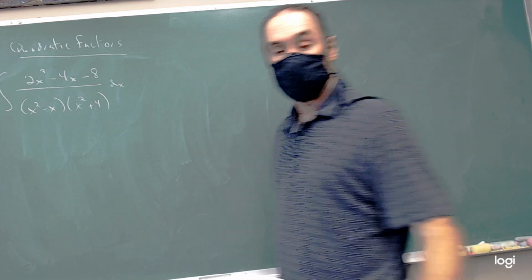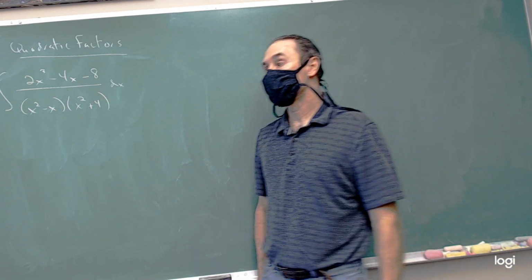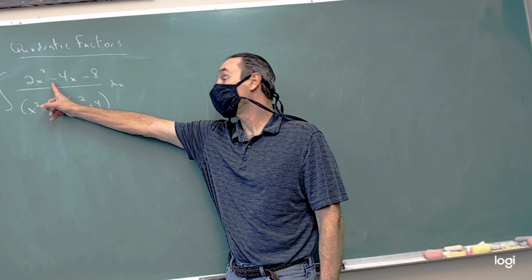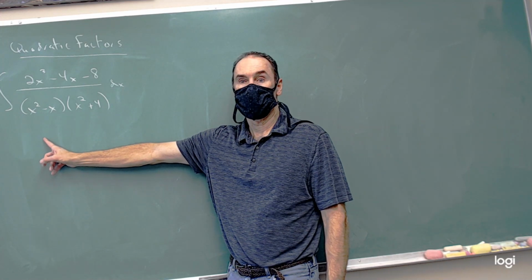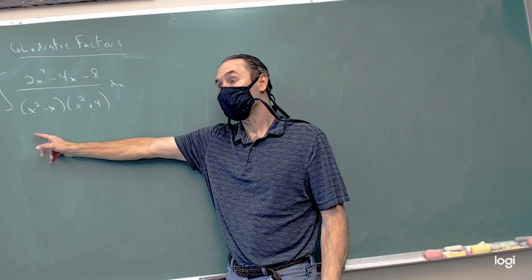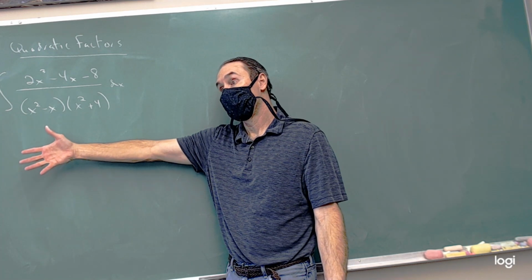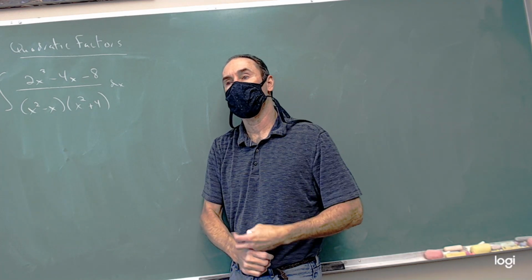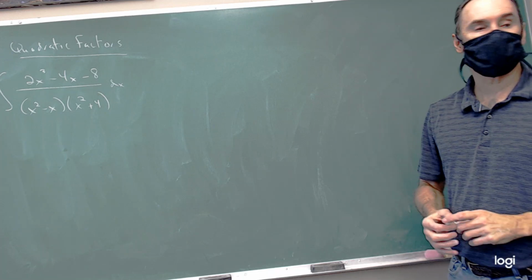Now we should be careful that before we jump into any of these partial fraction decompositions, we should make sure the degree of the numerator is less than the degree of the denominator. If it isn't, then what do we do? You have to long divide first, and then you'll take whatever your remainder is over what you're dividing by, and then you might have to do a partial fraction decomposition.